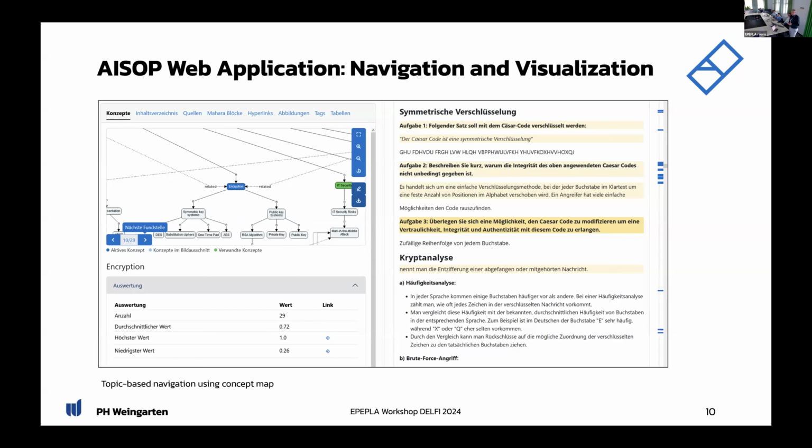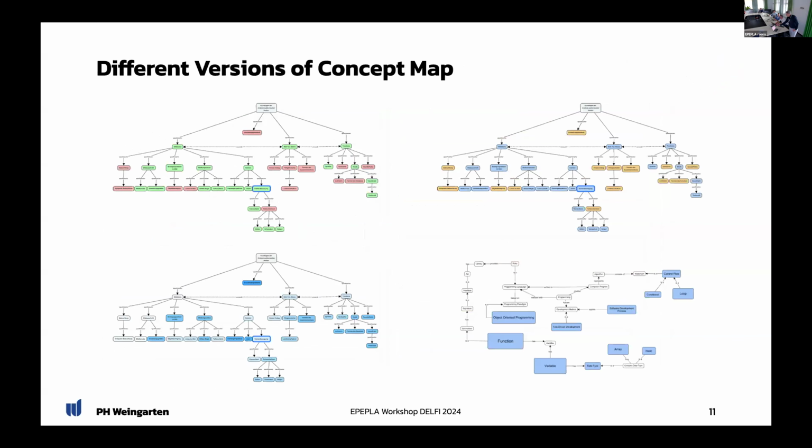So also with the color codes, and because this is just a prototype, of course, there could be different versions, like should the topics covered be green and the not covered topics be red, which could also be a problem with colorblind people. The selected topics with this frame here.